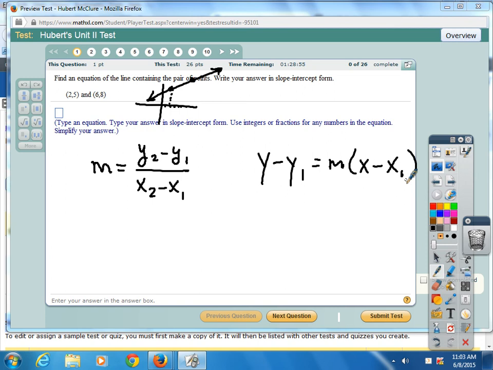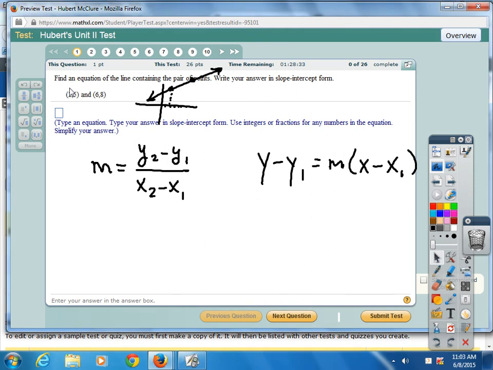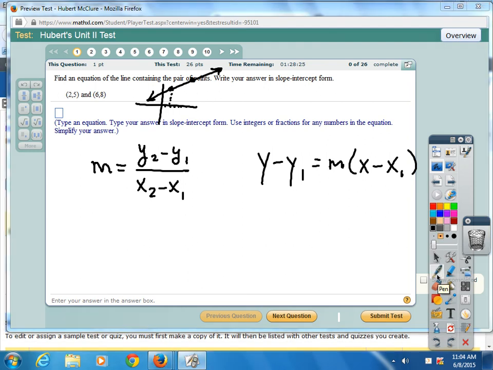Which way do we read? X sub 1, Y sub 1, X sub 2, Y sub 2.